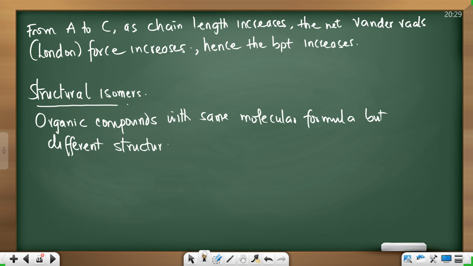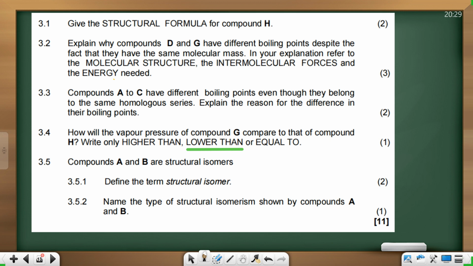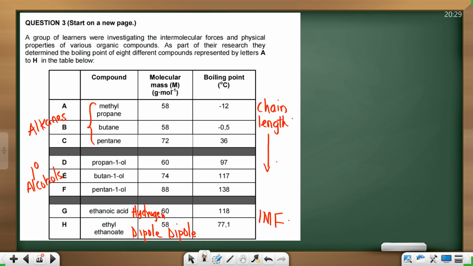And in the same vein, I'm sure you can define the other types of isomers too. You know there are three different types of isomers, right? Chain, positional, and functional. Lovely. I want us to be done here quickly. Name the type of structural isomers shown by compounds A and B. Let's go back.